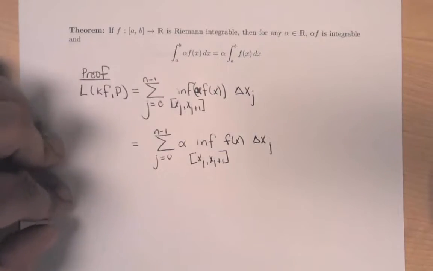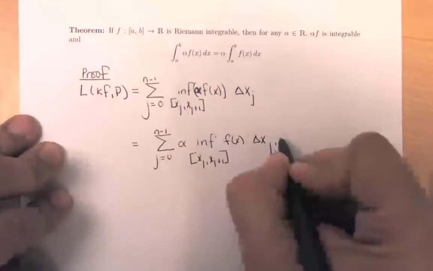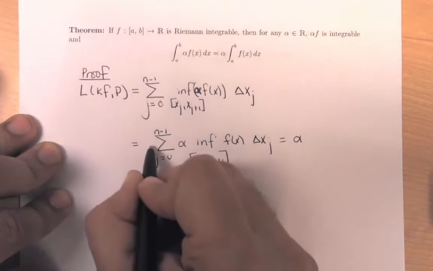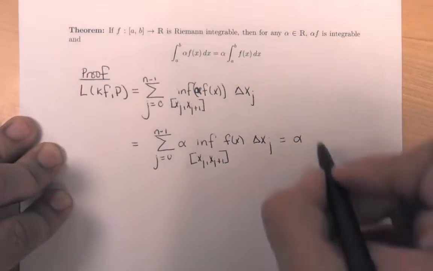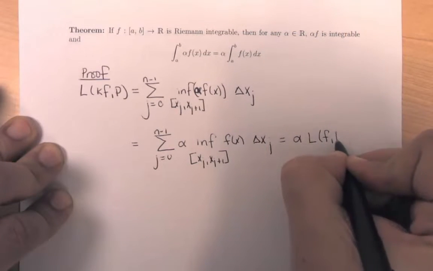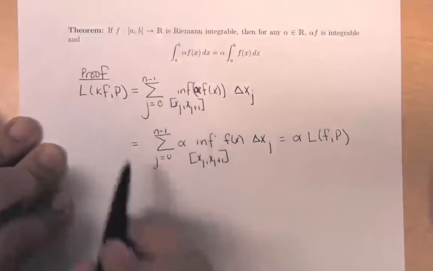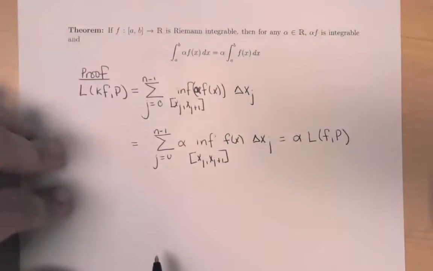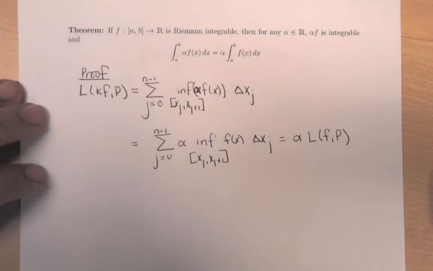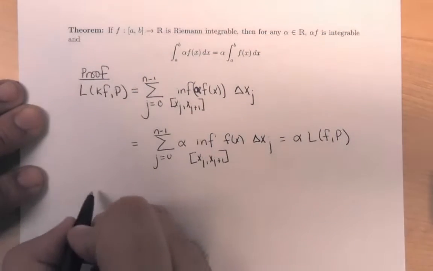And if I can factor alpha all the way out, what I'm left with is just the lower sum of f. And notice that my partition P here is arbitrary. It's true for all partitions P.